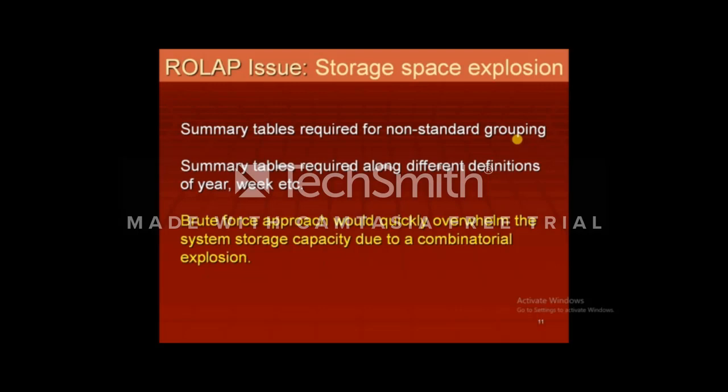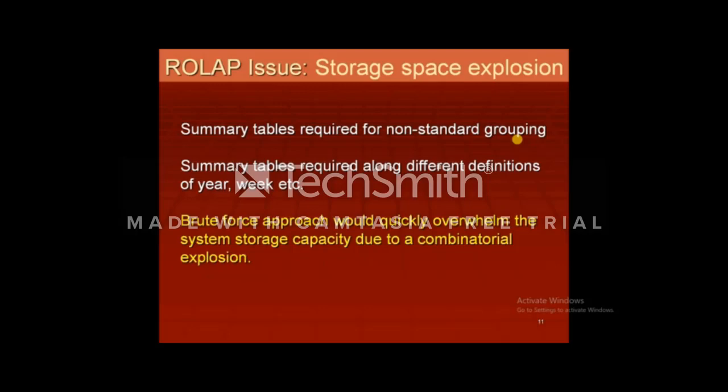Similarly, when we talked about different hierarchies of a time dimension, we also said that we need to get all the combinations of all the hierarchies along the dimensions. So when we combine all the dimensions along the hierarchies, we create more summary tables.